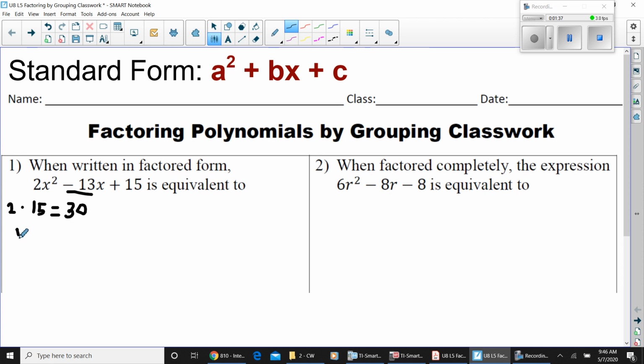So if I have 1 times 30, that's what I start with all the time. Then I go to 2 times 15. And 3 times 10.